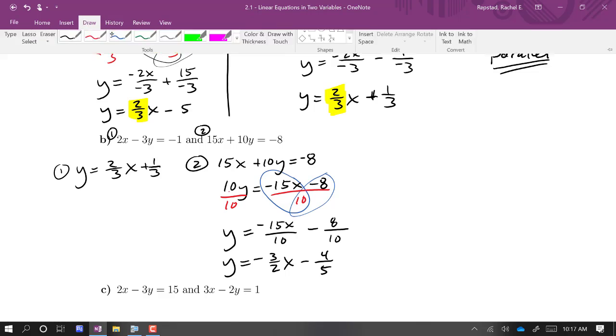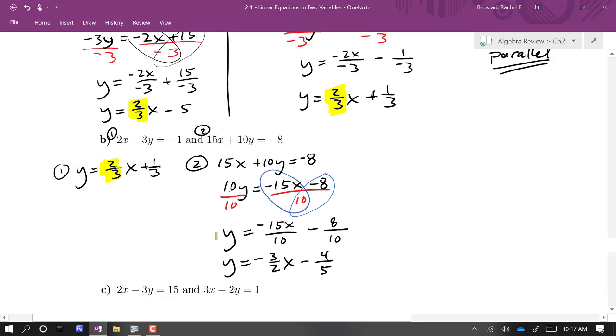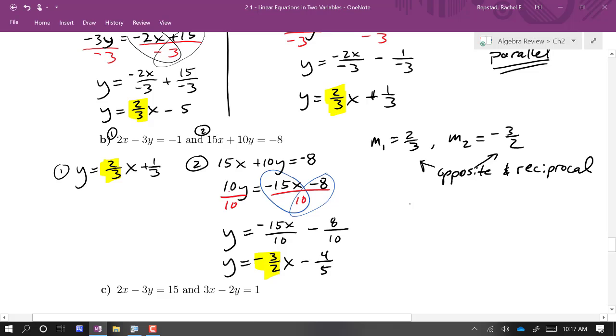So now let's compare these slopes. 2/3 and negative 3/2, these are opposite and reciprocal. The signs are different, and one is flipped over compared to the other one. So that means that these lines are perpendicular.